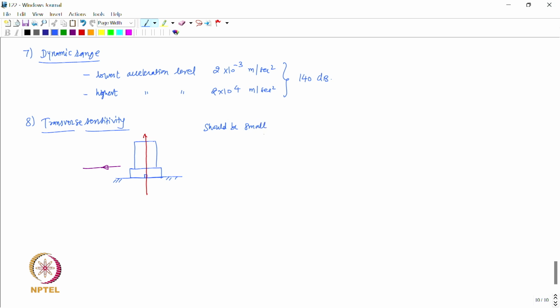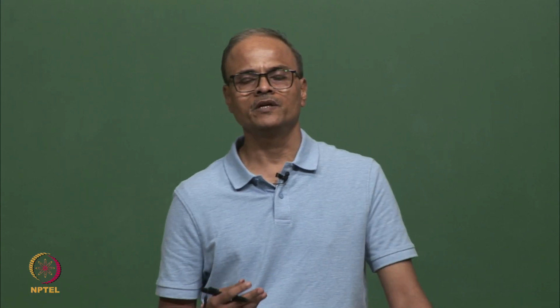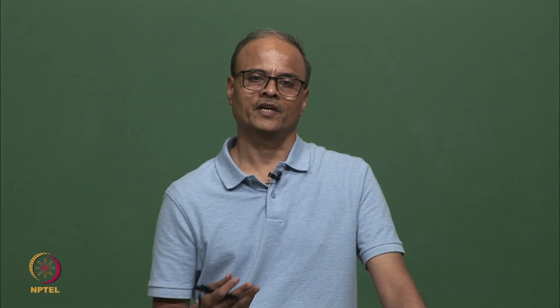Generally it should be less than say 5%. So, these are the various factors which should be taken into account while choosing an accelerometer.